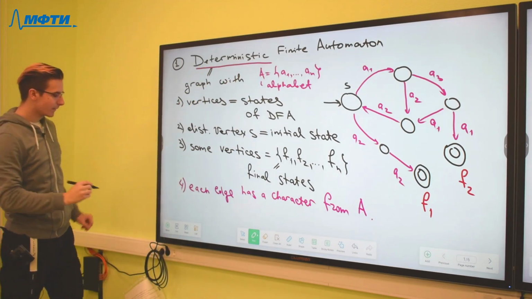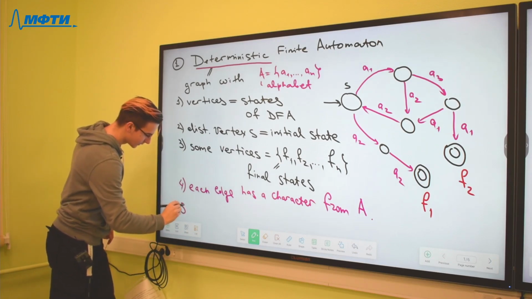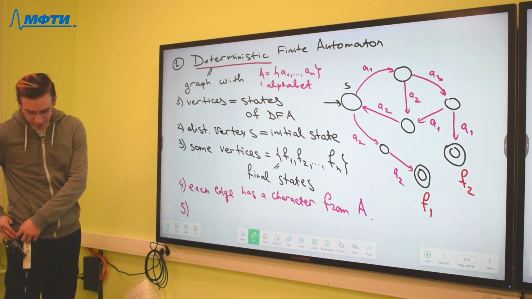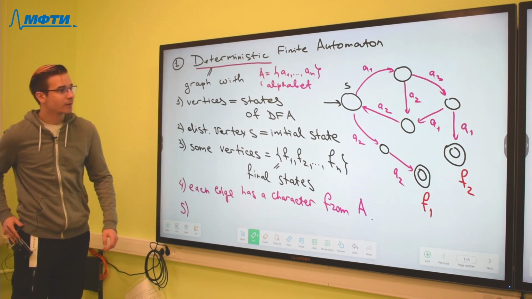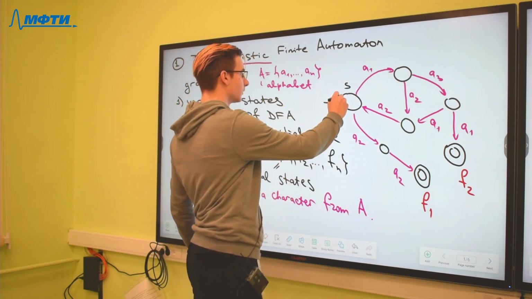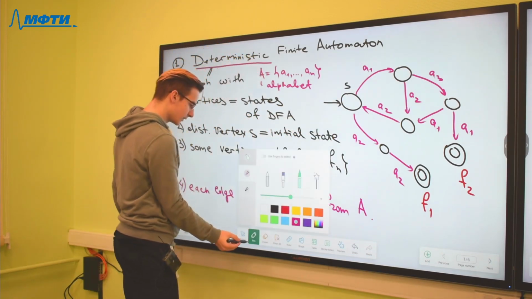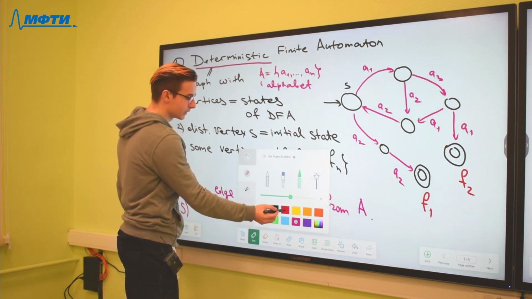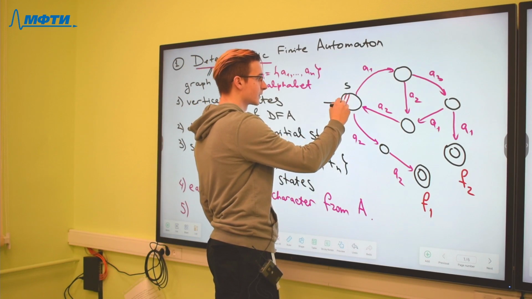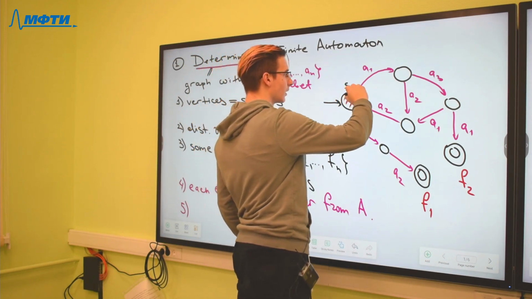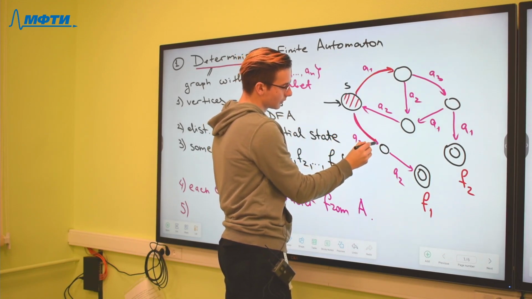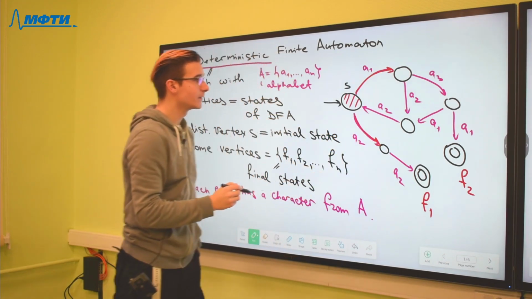It is the fifth part of the definition: if I try to find all the edges that start with the vertex S, I see that the characters on them are different.